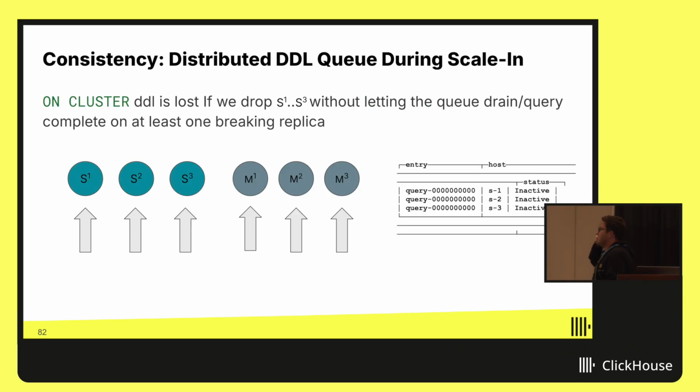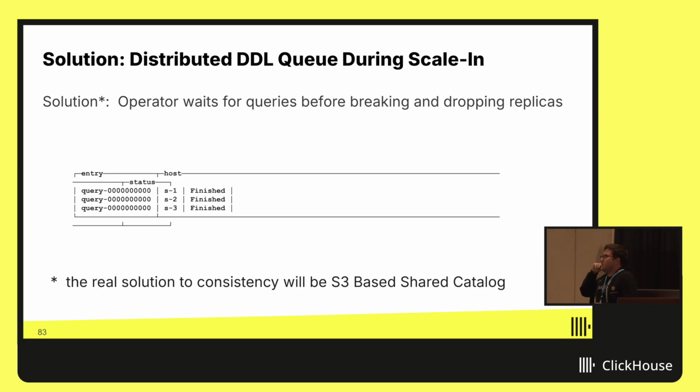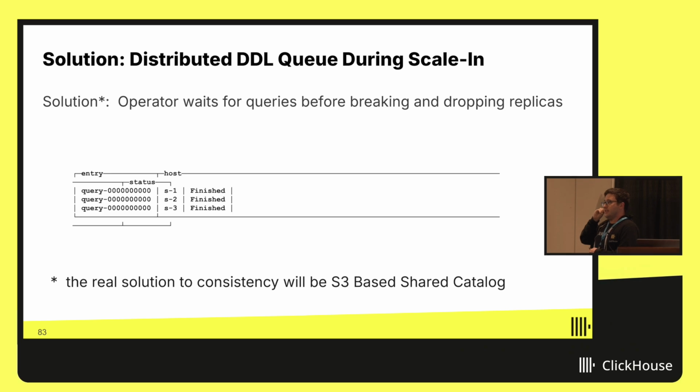So we've got our new pods, the multi-stateful set pods. They don't have that host name in this list. It's never going to execute on them. And so how did we solve this? In our operator, we make sure that the queue is drained before we drop replicas. There is a better solution coming in our cloud product, which is an S3-based shared catalog, so that there isn't these replica local issues.